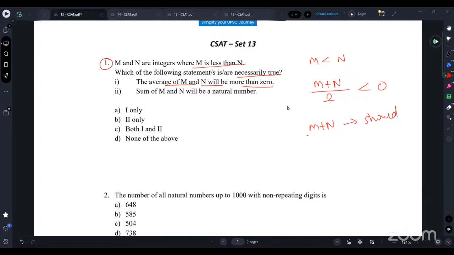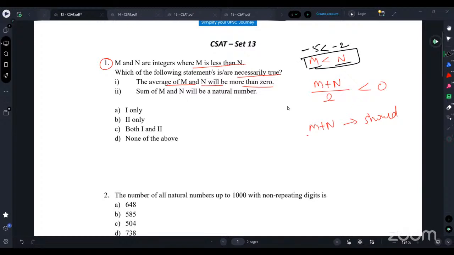But if I take the value of M as, let's say, minus 5 and N as, let's say, minus 2, then I still have M less than N, since minus 5 is less than minus 2. So this one is valid.